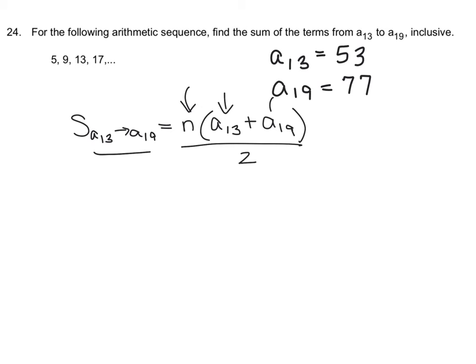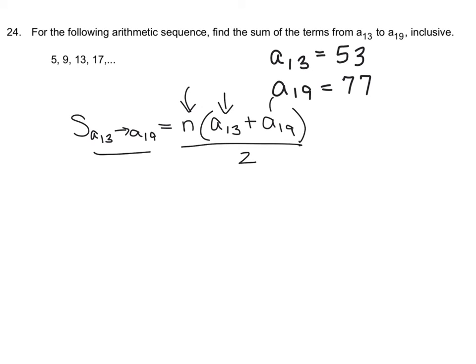So I want to find the sum of all of these terms. So N is the number of terms that I'm adding together, essentially. So that will be 1, 2, 3, 4, 5, 6, 7 terms. So N in this case is 7.